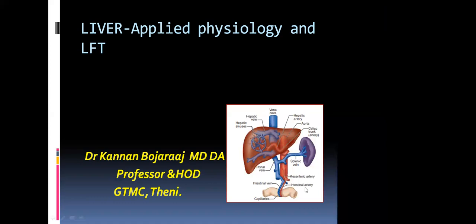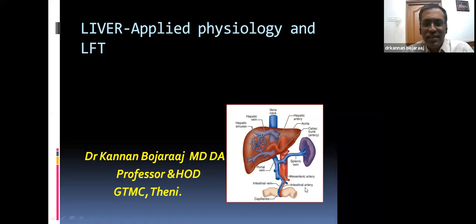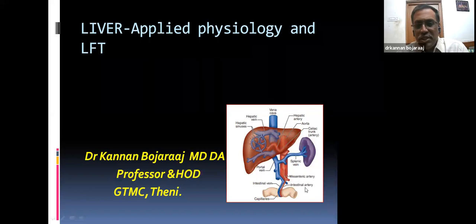We're going to start the class on liver applied physiology and the so-called liver function test. Liver problems are very common nowadays because of infection and alcohol. Most of the decompensated liver patients, more than 10 to 20% of them, are coming for elective surgeries.